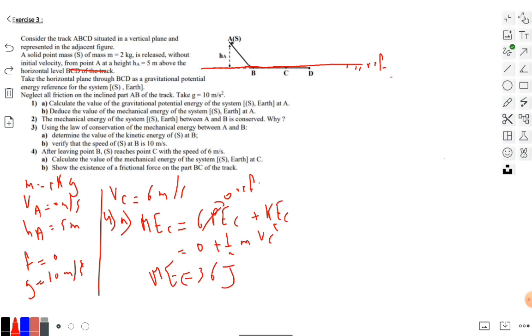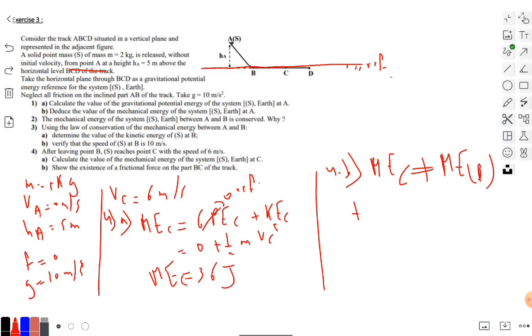Part B, show the existence of a frictional force on the part BC of the track. We have mechanical energy at C different from mechanical energy at B. Then ME is not conserved. Then friction exists.